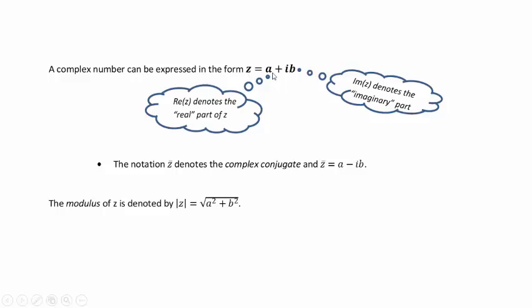If z is equal to a plus bi, expressed in its real and imaginary form, remember that the real part, often written Re of z, is whatever that value a is. The imaginary part is not ib, the imaginary part is just b, the number that is multiplied by i. Remember, b is a real number, so the imaginary part is a real number itself.